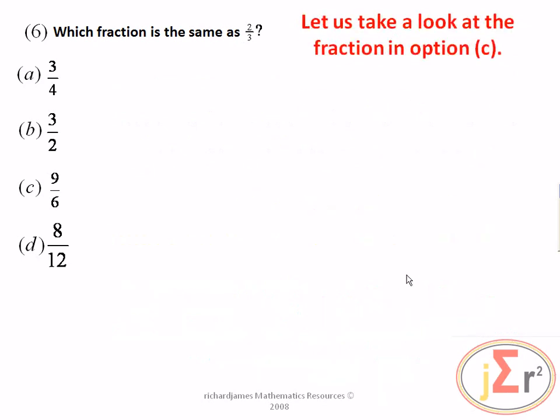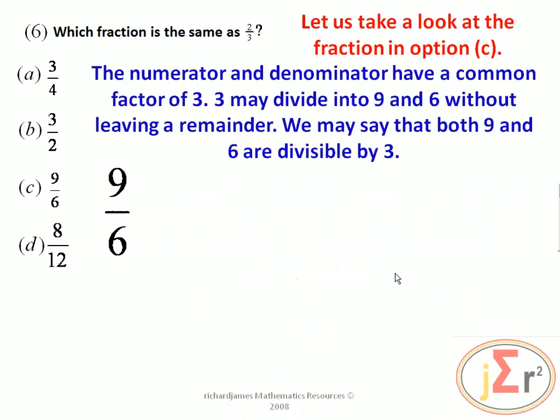Let us take a look at the fraction in option C. What about option C? The numerator and denominator have a common factor of 3. 3 may divide into 9 and 6 without leaving a remainder. We may say that both 9 and 6 are divisible by 3. When 3 can go into a number without leaving a remainder, we say that that number is divisible by 3.